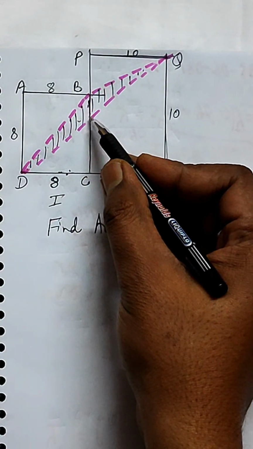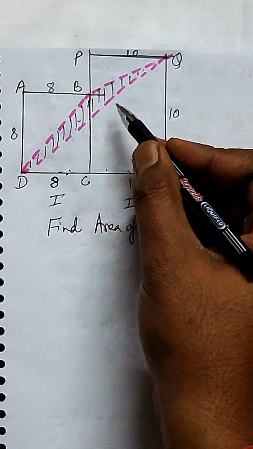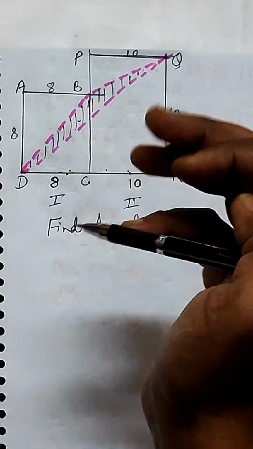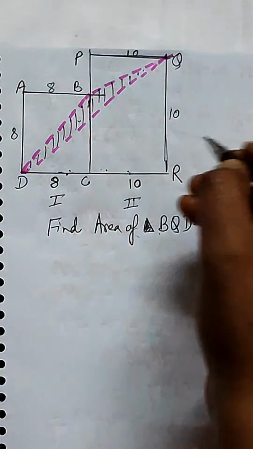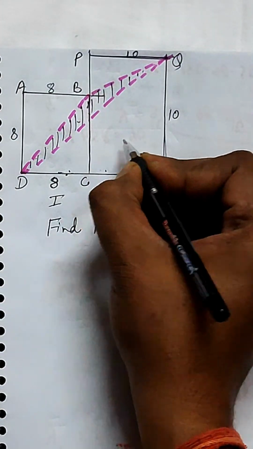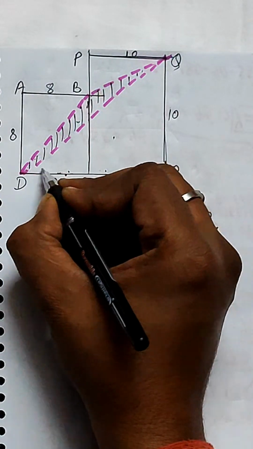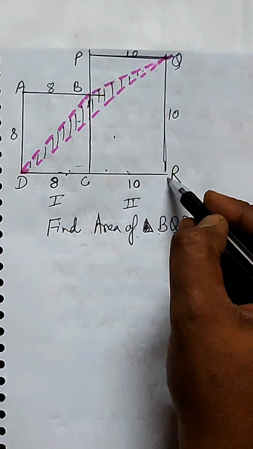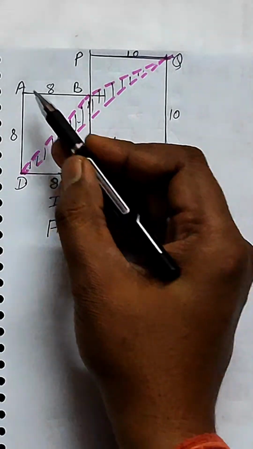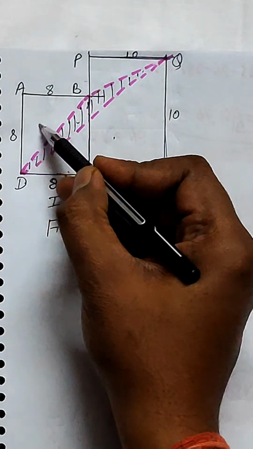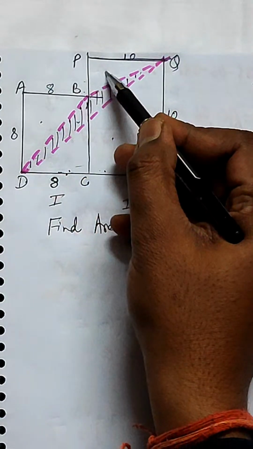What do you need to subtract from the complete area? You need to subtract three different triangles. This first one is triangle QRD, and triangle ABD is the second triangle, and triangle PBQ is the third triangle.